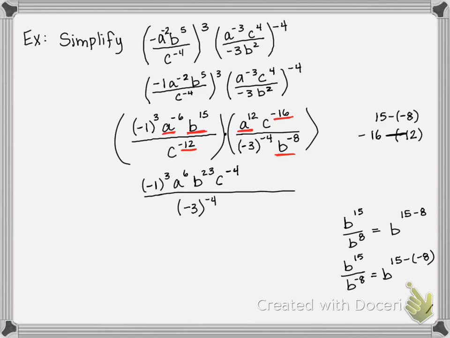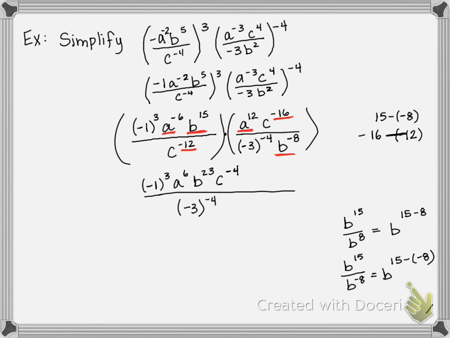So subtract the top one minus the bottom one, put the result on the top, and then deal with the sign of the exponent in the next step. So we did 15 minus negative 8, got positive 23 on top, and then negative 16 minus negative 12, got negative 4 on the top.